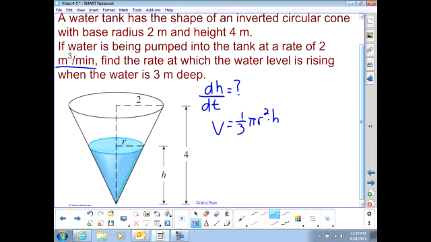What we can do is use the geometric relationships in our picture to help replace one of those variables. And what we have here are similar triangles. Our blue section there has a radius of r and a height of h. The big triangle that it's similar to has a radius of 2 and a height of 4. So we can just set up similar triangles. The 2 corresponds to the r, as the 4 corresponds to the h.